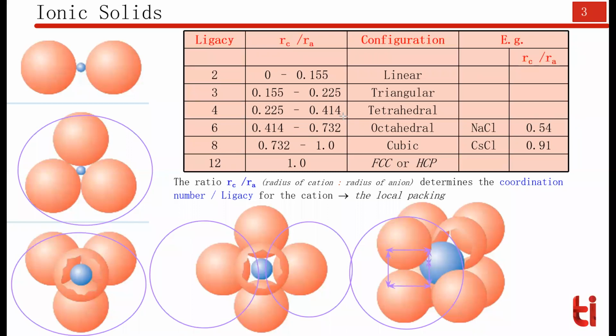And the last possible configuration has a ligancy of 12, where your radius ratio is 1, that means the atom sitting in the valley and the atom at the lattice site have the same radius. We end up with the close packed structure of FCC or HCP.